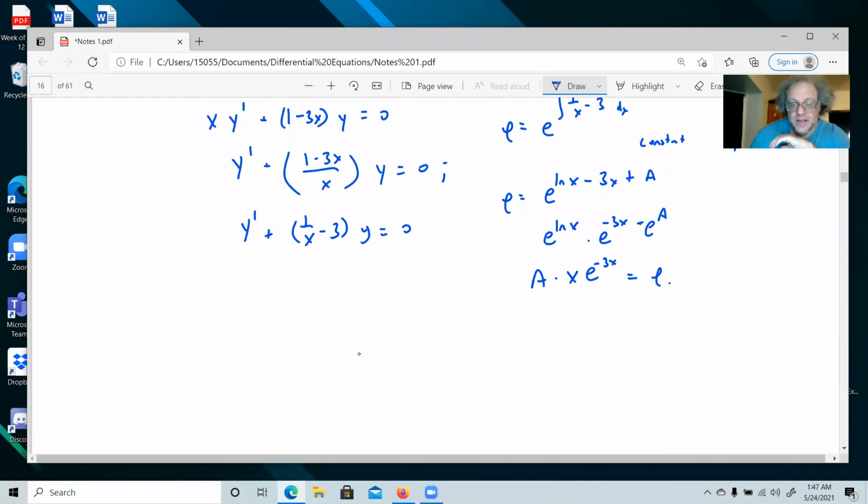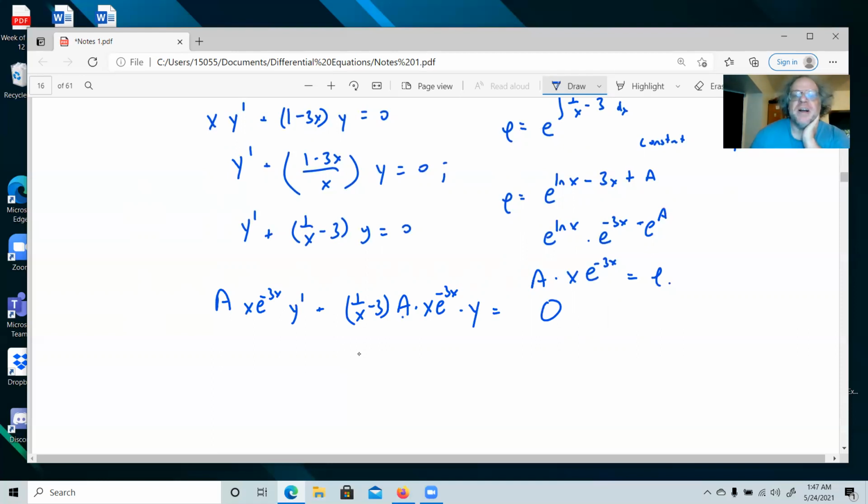So this is a x e to the negative 3x y prime, plus 1 over x minus 3 times a x e to the negative 3x times y, and that is equal to, unfortunately, the right-hand side is just a 0, so everything floats away in the 0.